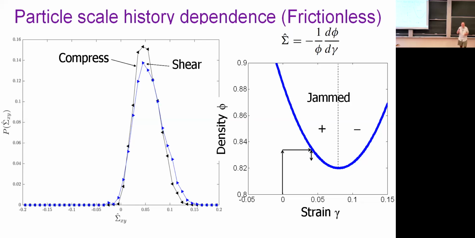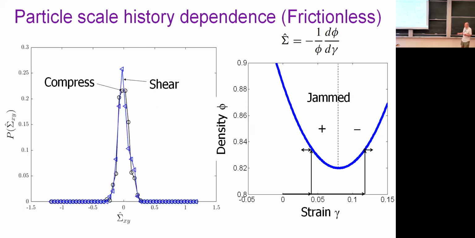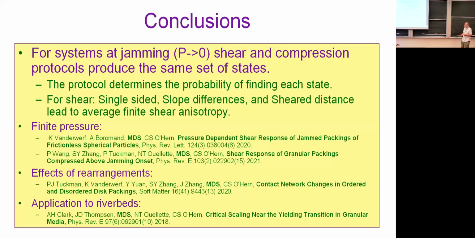You don't always get back to the exact state, because when you decompress, you might move a particle a little bit. When you recompress, it's going to come out. But most of the time you do, and that's why these two things are not exact, but they have the same distributions regardless of what you do. And you can do the same thing with the other protocol, where you first find this and then you shear jam it back and forth, and you get the same distribution as well.